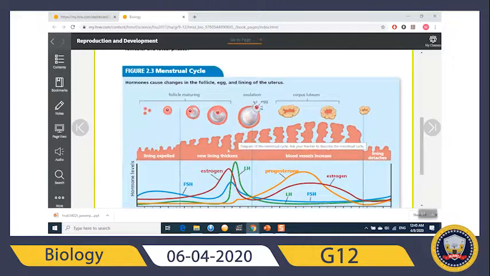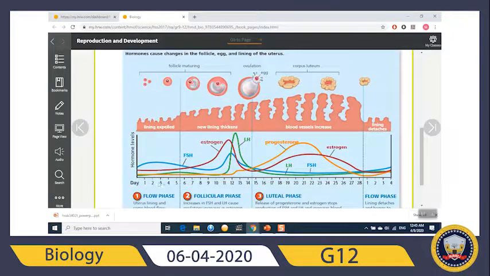Here we can notice, in the flow phase, normal levels of all hormones. In the follicular phase, we will notice the estrogen is rising and the LH is rising, and we have a little FSH also. Now, all of these hormones are rising for what?